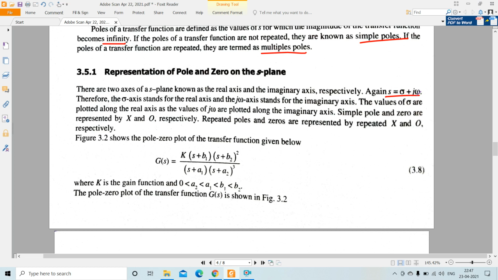So the values of sigma are plotted along the real axis and j omega along the imaginary axis. Simple pole and zero are represented by a cross and a circle respectively. Similarly, repeated pole and zero are represented by a cross and a circle, but in a slightly different form.